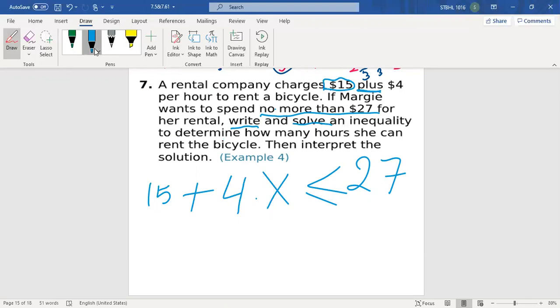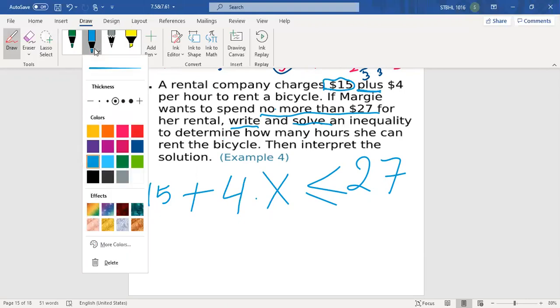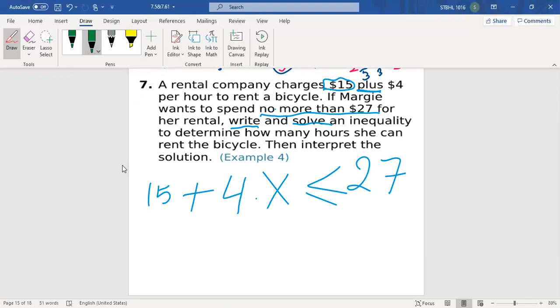How can I solve it? By undoing the operation performed on the variable. To isolate the variable alone, I'm going to move 15 from this side to the other side, or cancel 15 from this side. Cancel 15 by negative because it's positive.